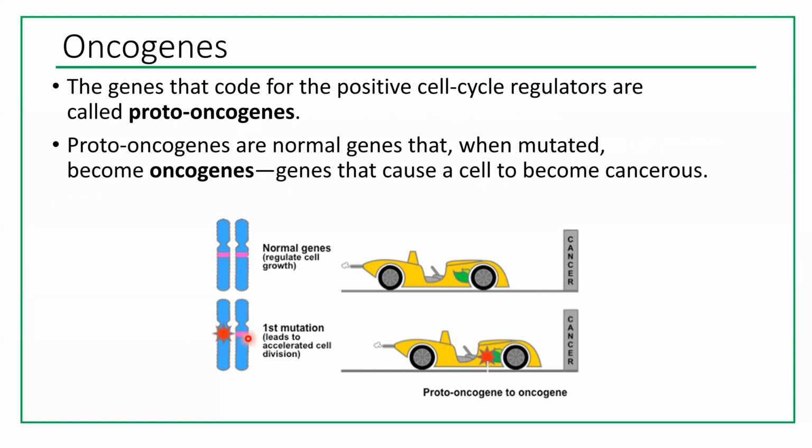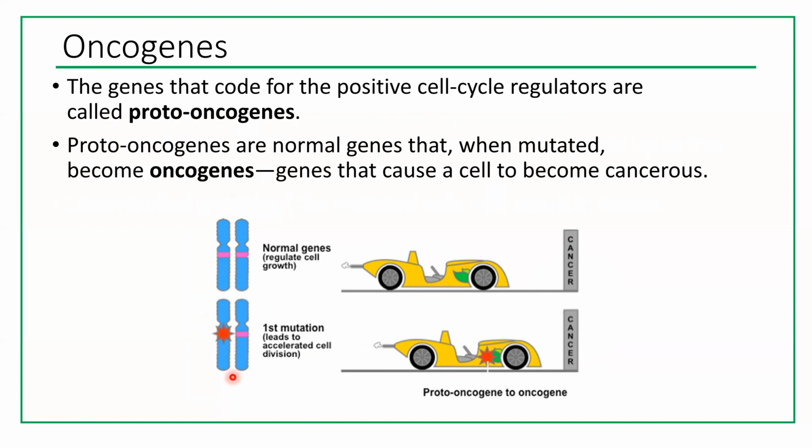Because you still have a normal gene. Let's say a patient has a mutation in one proto-oncogene. So this patient has one oncogene and one normal gene, but the division accelerates towards cancer.